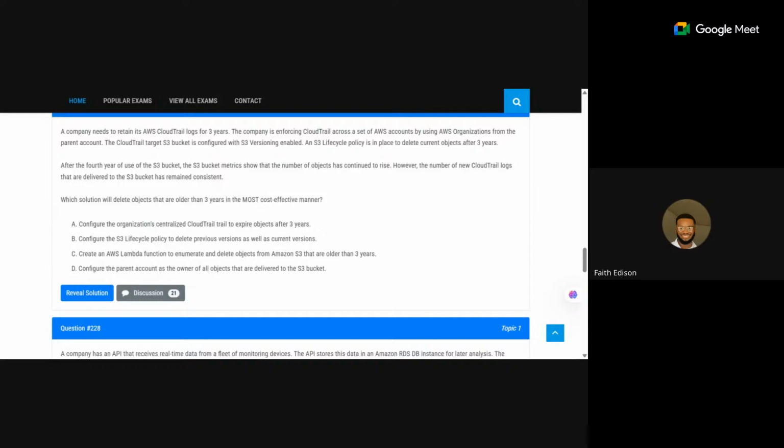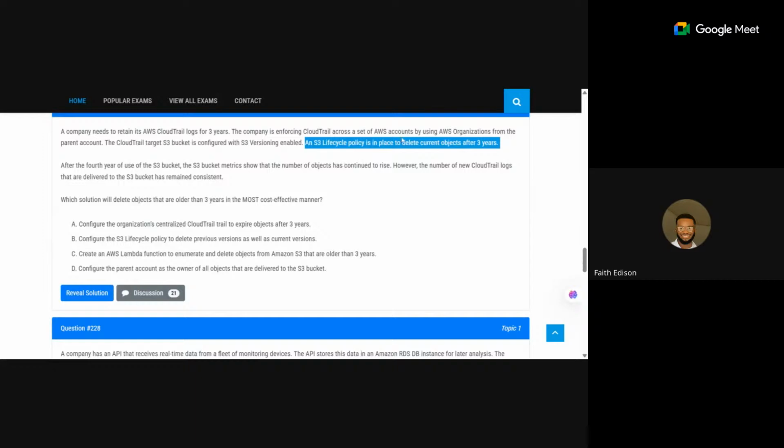It says there's an S3 lifecycle policy in the question. It's in place to delete current objects after 3 years. So they already have a lifecycle policy. To delete versions as well as current, I think it's talking about the previous versions.